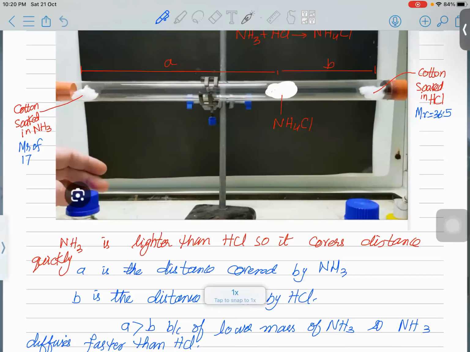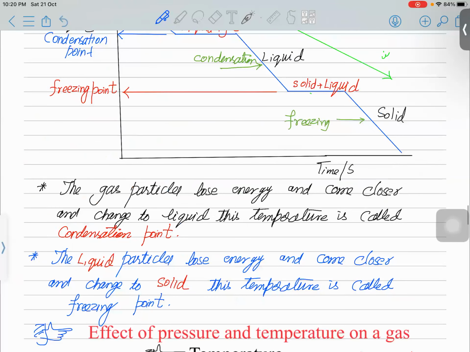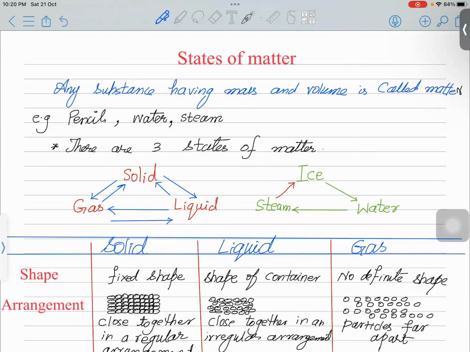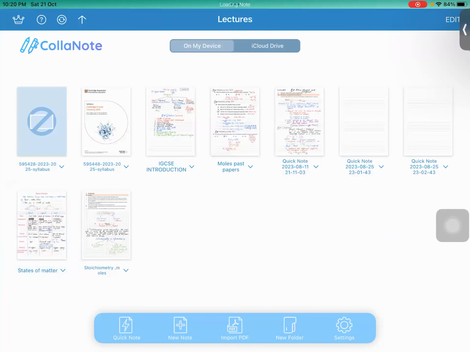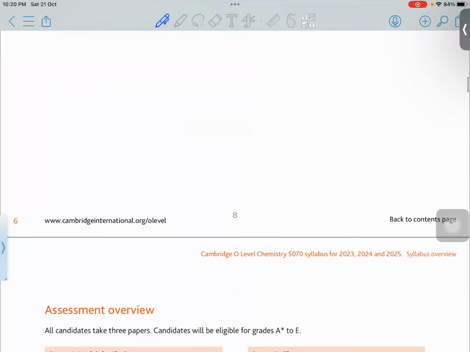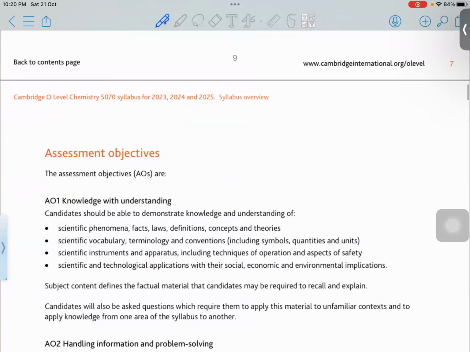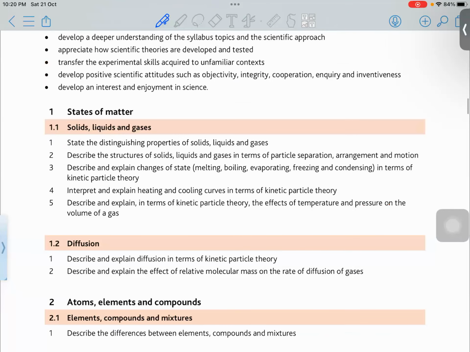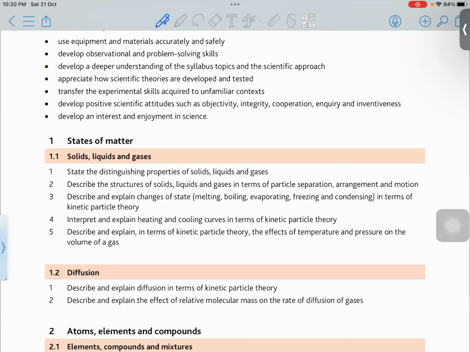States of matter. Now I am showing you the syllabus of this chapter. Now look at the syllabus. Saad, are you listening to my voice? Yes, sir. Can you review the whole syllabus of states of matter and tell me which topics are left?